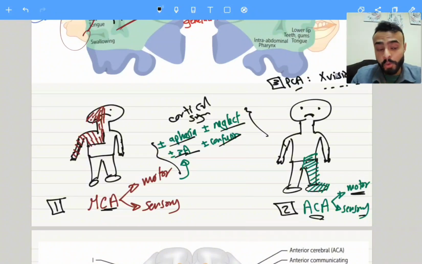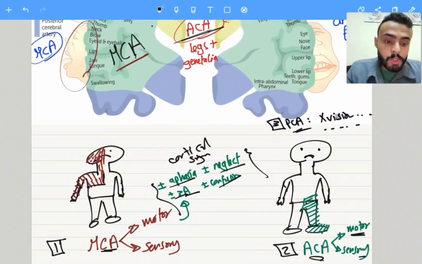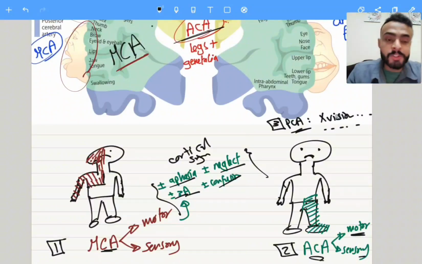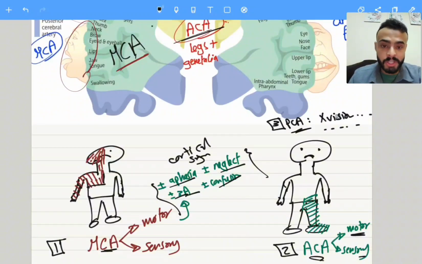And those symptoms will differentiate superficial stroke from deep stroke. Deep stroke, the one supplying the internal capsule and thalamus. Then the last one, posterior cerebral artery. Posterior cerebral artery supplies our occipital lobe, the lobe responsible for vision perception and interpretation.